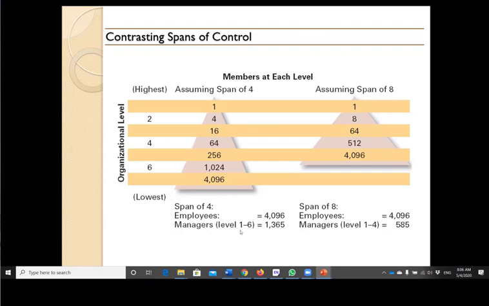So it's like one manager to 3 employees, even when the span of control is 4, right? All of those people are managers.